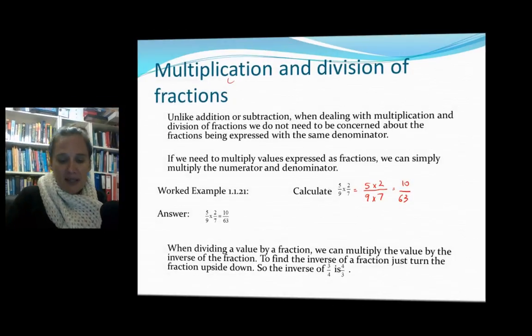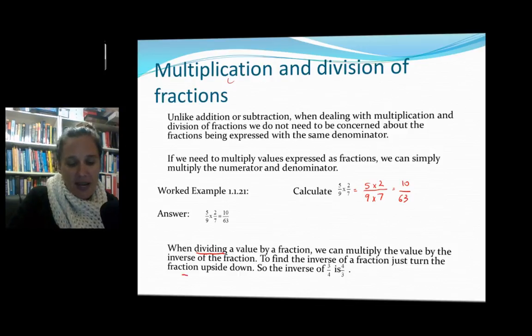When we're dividing by a fraction, it's a similar process, but what we have to do is take our second fraction and invert. So here if we had 5 over 9 divided by 2 over 7, we keep our 5 over 9 the same.